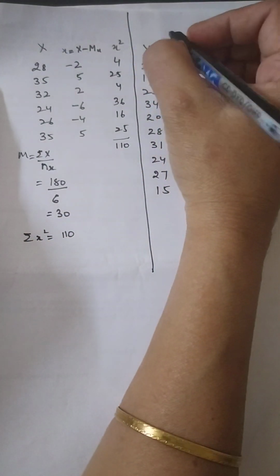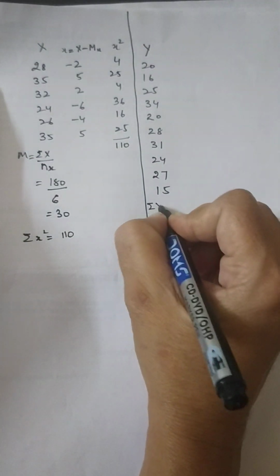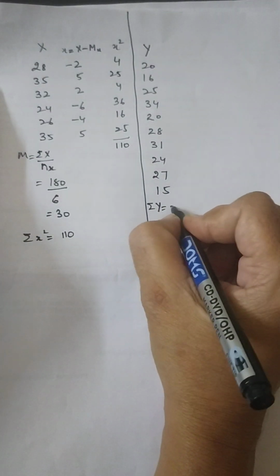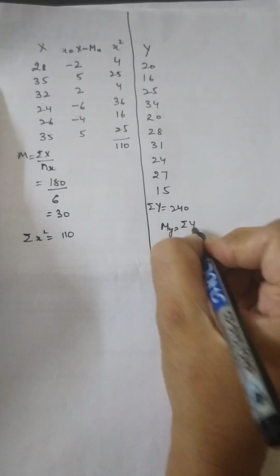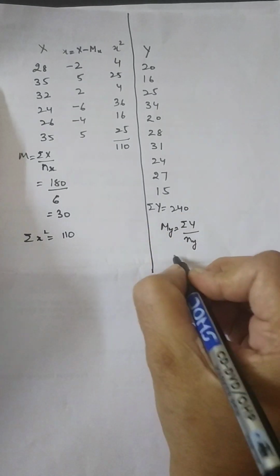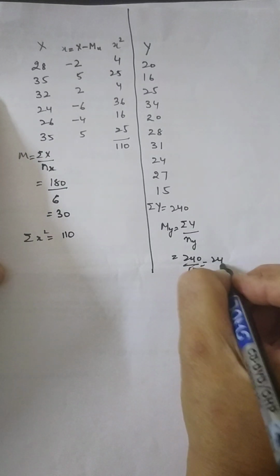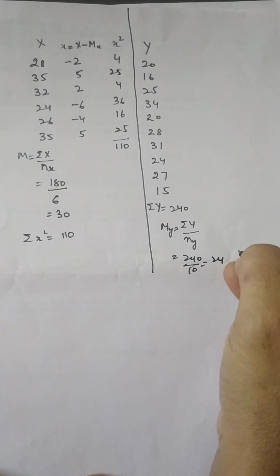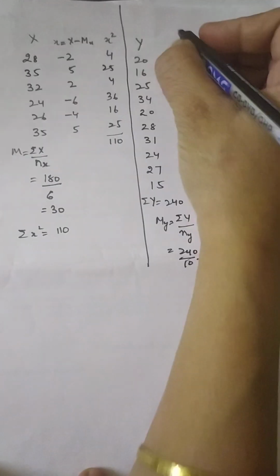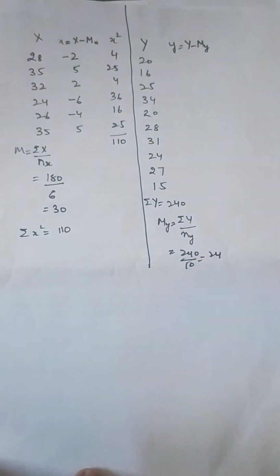Now similarly we will find the mean of the y scores. Summation y here is 240. So the mean is summation y over ny, which is 240 over 10, and it is 24. Here again we have a whole number, so we can find the deviation from the actual mean. So y is equal to y minus my.